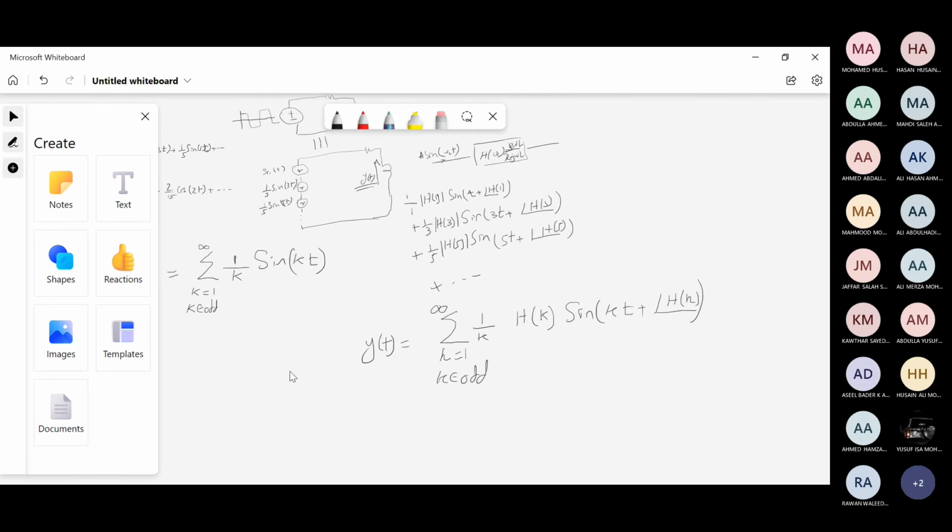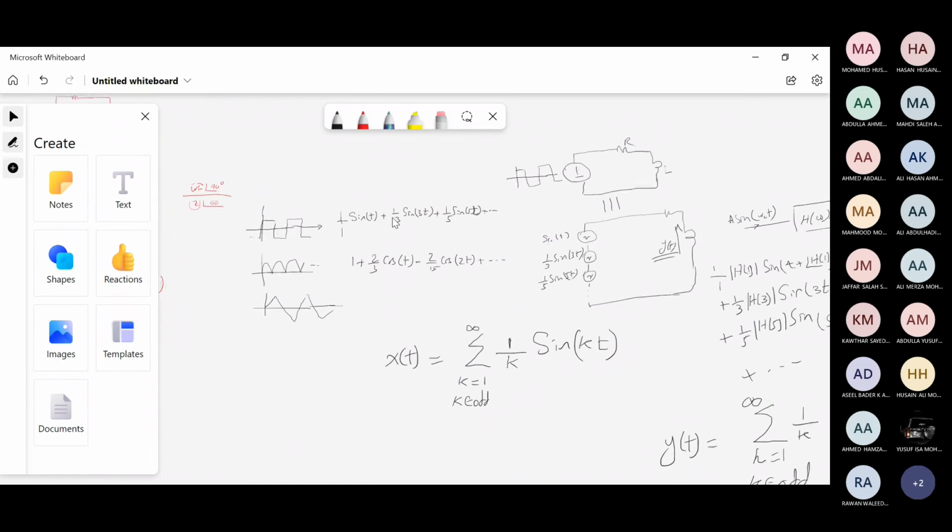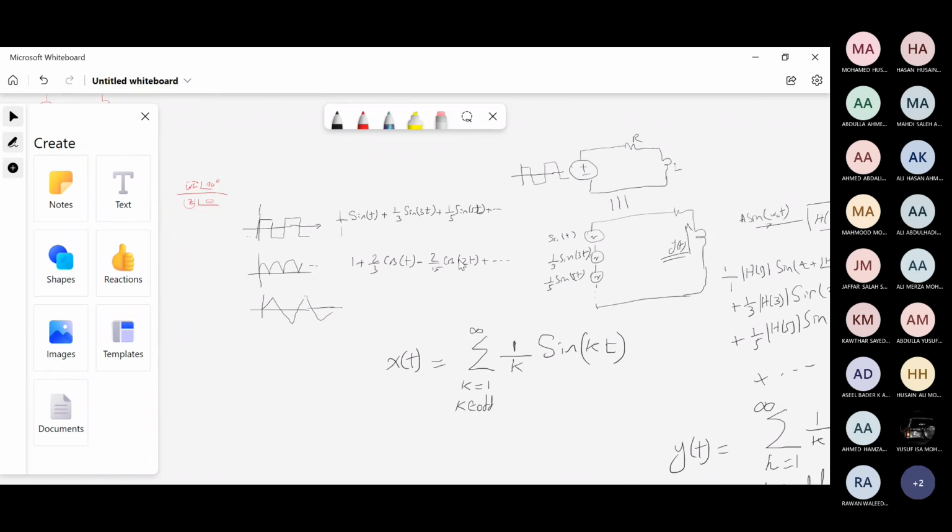Good, notice here. Here we have sine, but here we have a cosine.